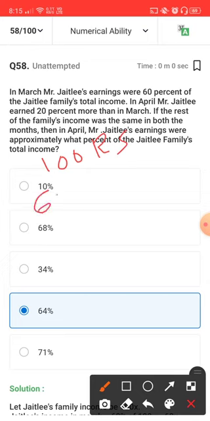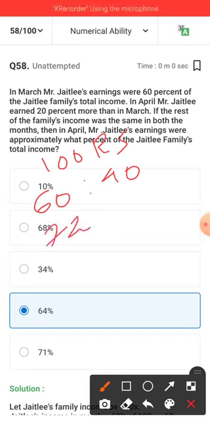Then 60 Rs is Mr. J's income, and 40 Rs is the rest of the family's income. In April, Mr. J earned 20% more than in March. That means 20% more becomes 72 rupees. But the rest of the family's income was the same in both months. It is 40.